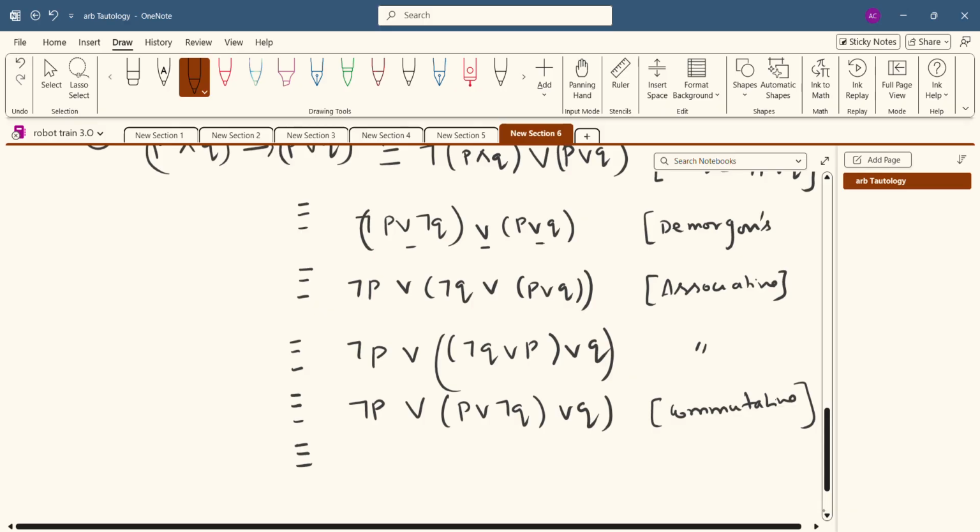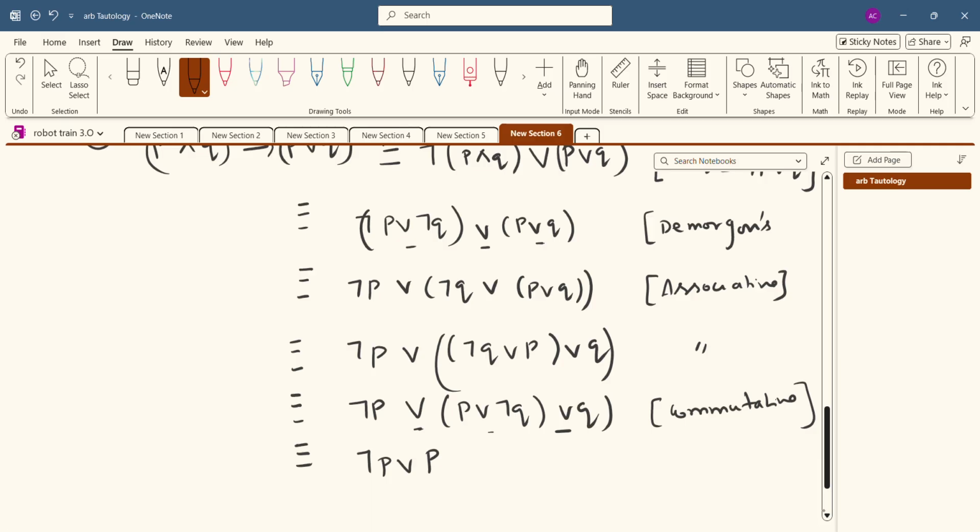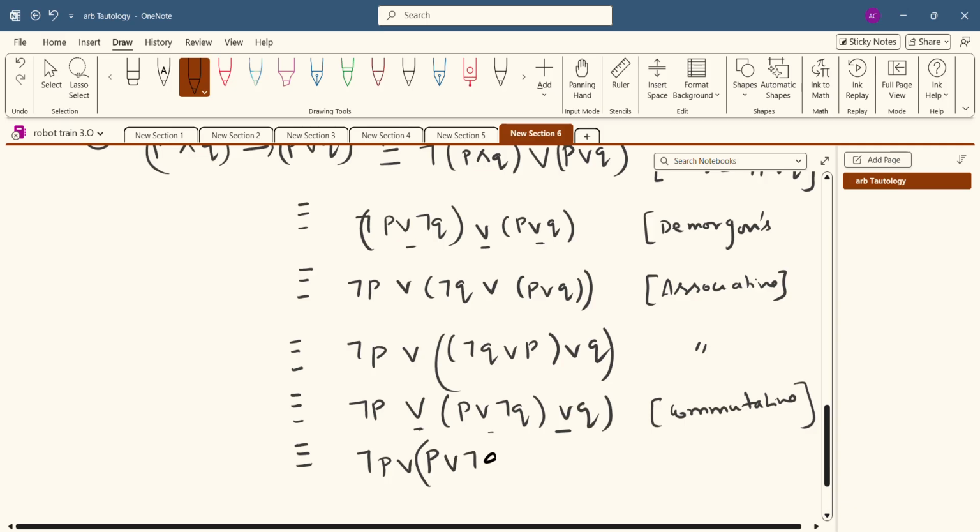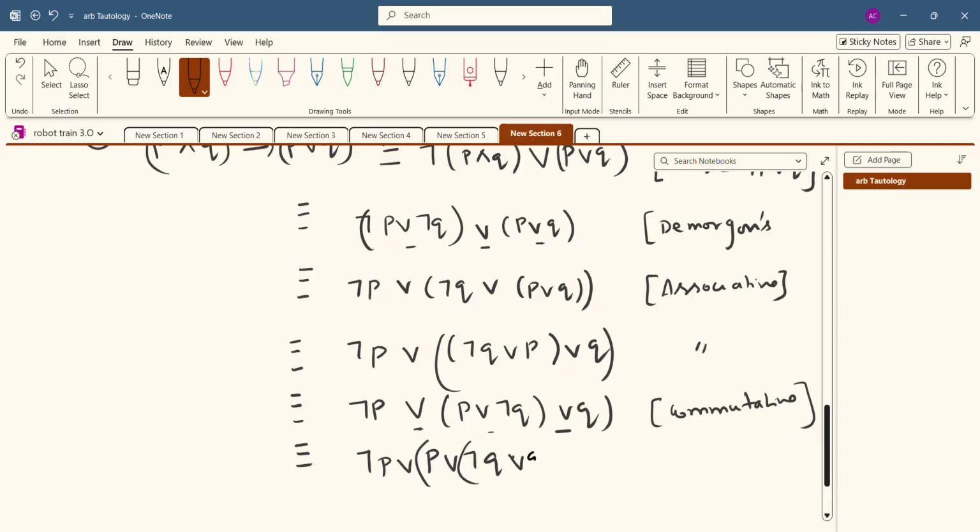Once again we have the same symbol, so I can apply associative: negation P union P, and negation Q union Q.